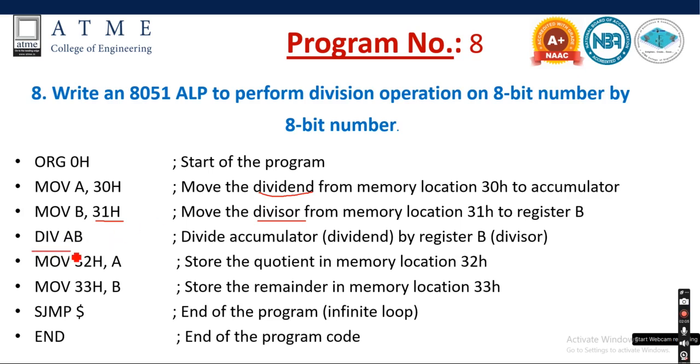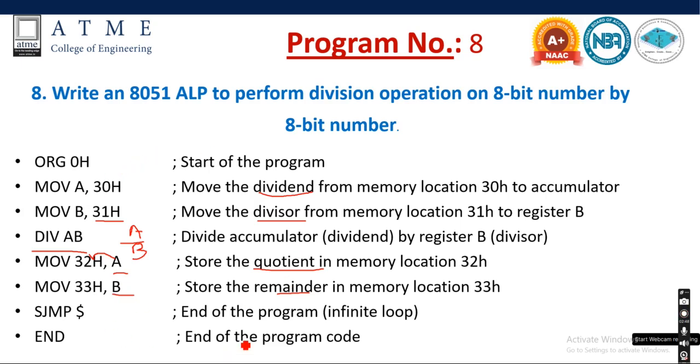Whenever the division instruction is used, it divides the content of the accumulator by the content of register B. After that, the quotient will be stored in the accumulator and the remainder in the B register. We transfer these to successive memory locations. First is the dividend, next the divisor, then the quotient, and after that the remainder.